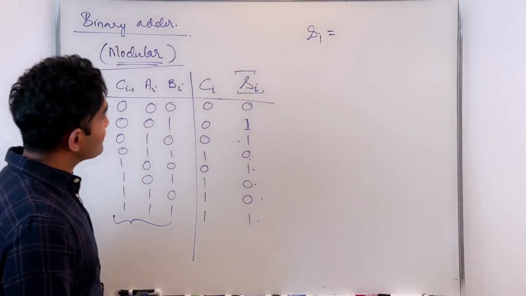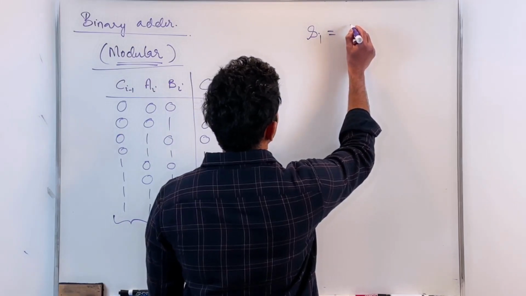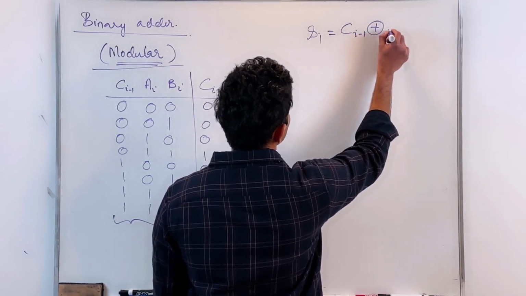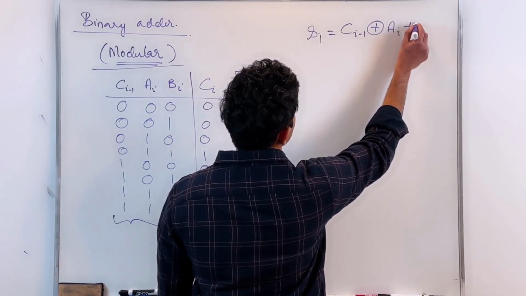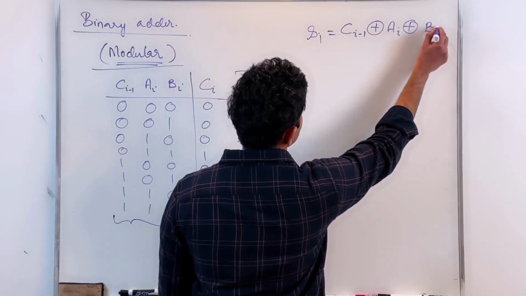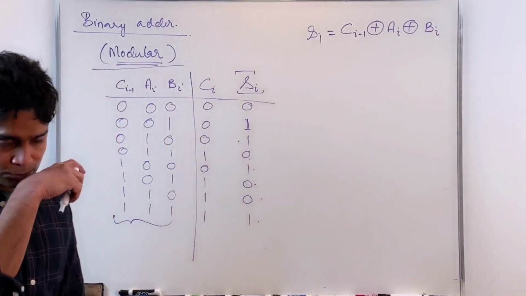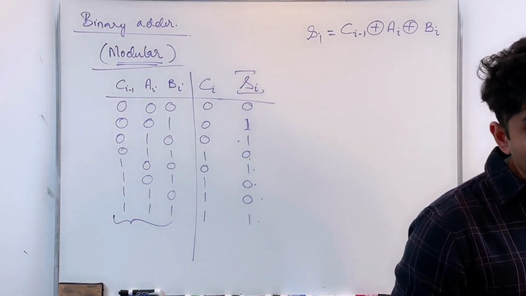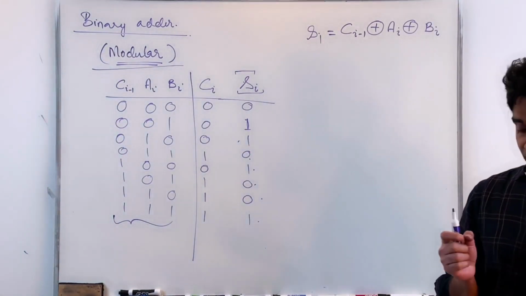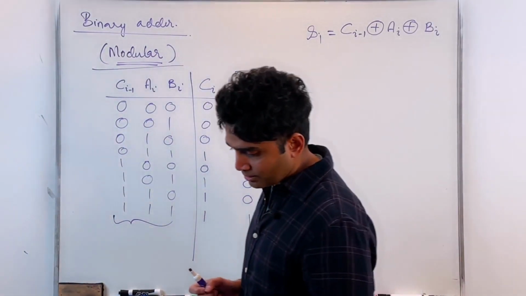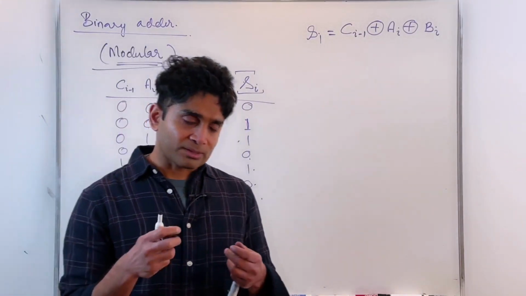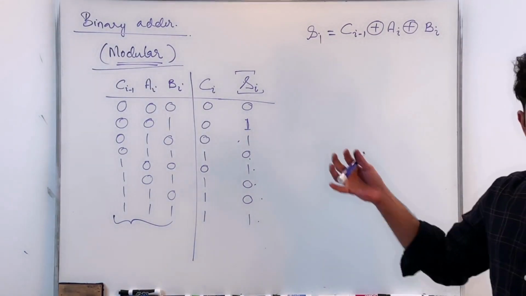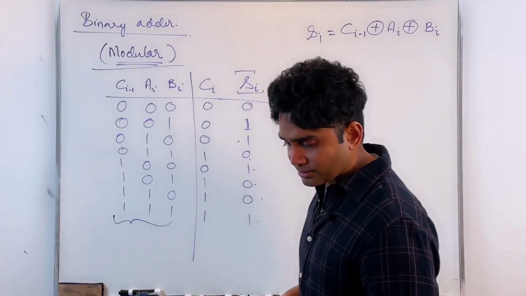So I can simply write Si as Ci minus 1 XORed with Ai XORed with Bi. I don't have to do all the K-map approach here. I can simply write it down that way. And I would like you guys to actually work it out using the K-map and verify that that's indeed the case. You will get the same thing, but I would like you to go through this process as a practice.